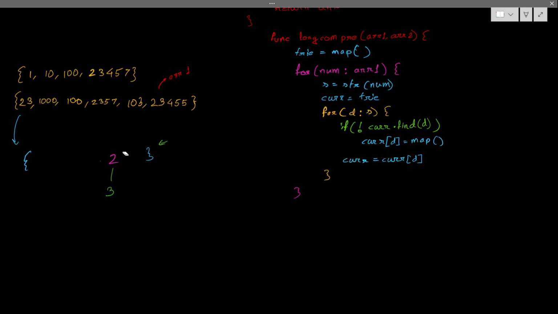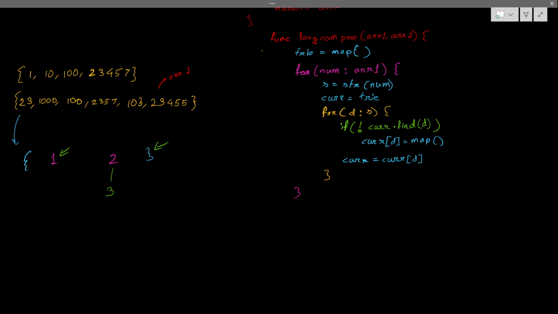Now 1000 will again point to my current, which is the try. This is my outer, topmost dictionary. This is my current. It will check if 1 is present or not. It is not present, so it will add 1 here. Now this becomes my current.